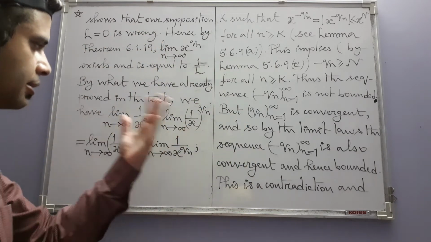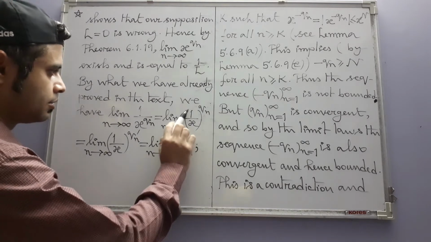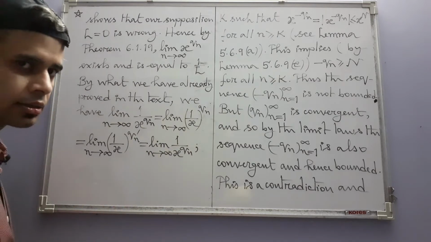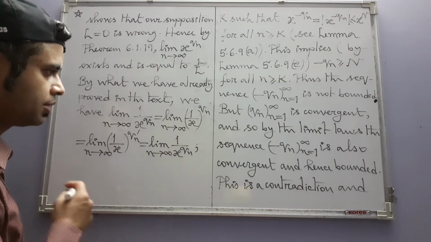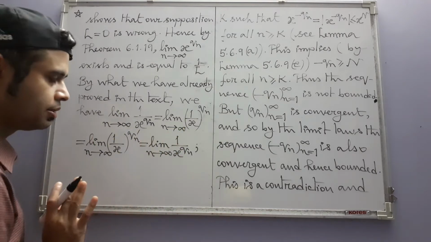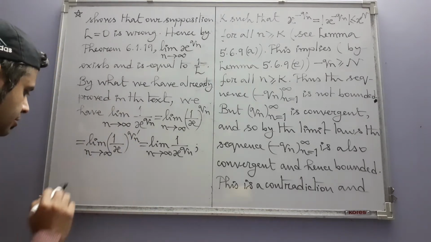We could have started with this one also, because our base now is 1 over x, which is greater than 1, and for such bases we have already proved the lemma. So the uniqueness comes from that proof, and we have written it like this.